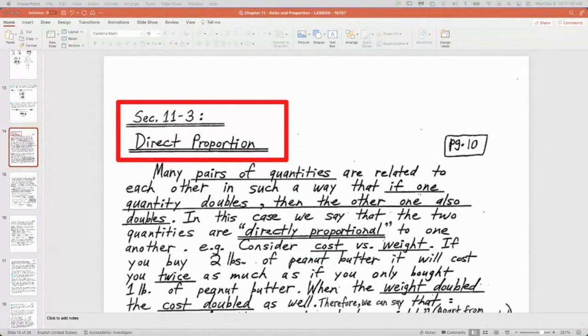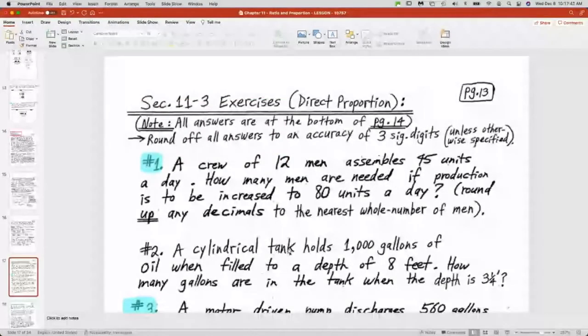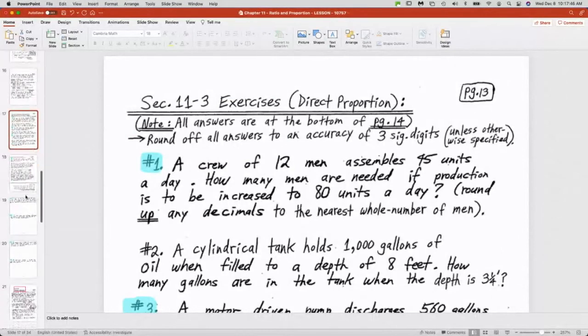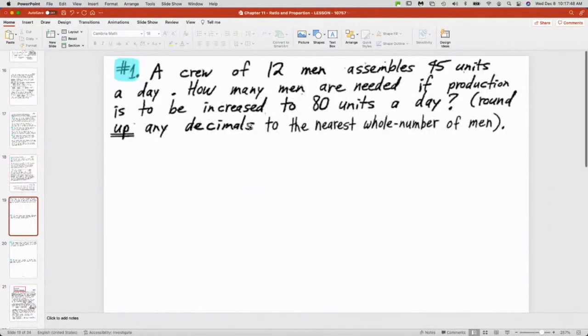We're going to be talking about some examples involving direct proportion, and I'll direct your attention to page 13. Okay, so this first example here involves working with a crew of 10 men, assembling 45 units a day. So how many people are needed if the production is increased to 80 units a day?